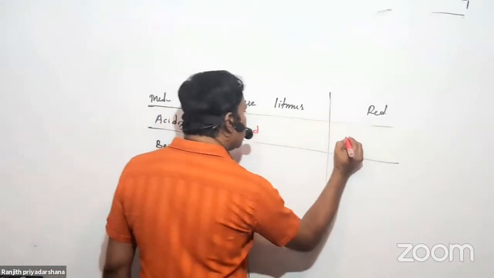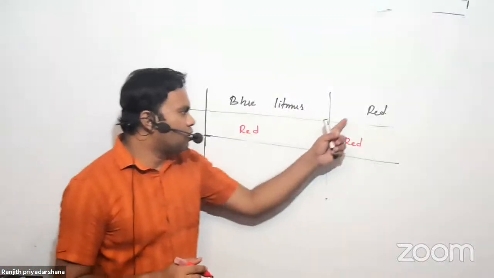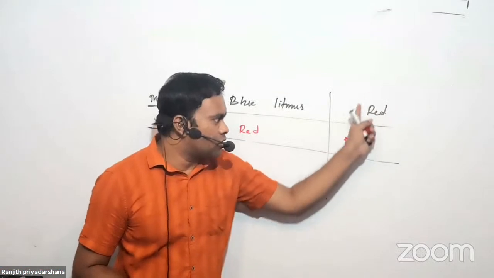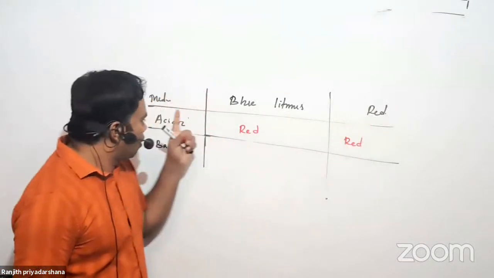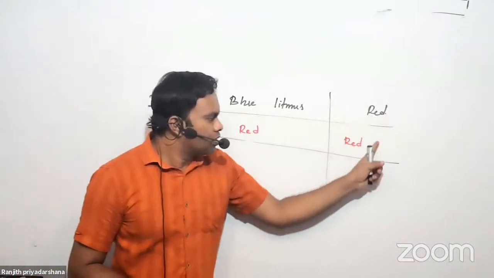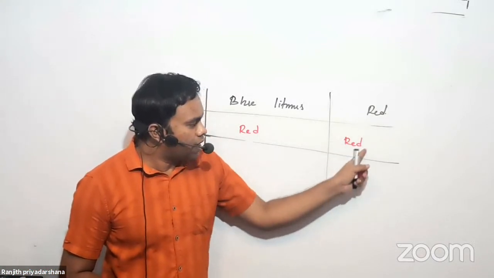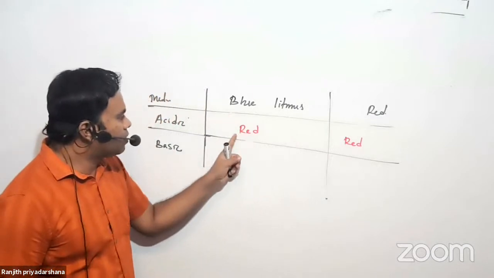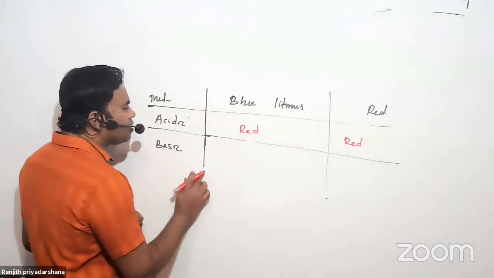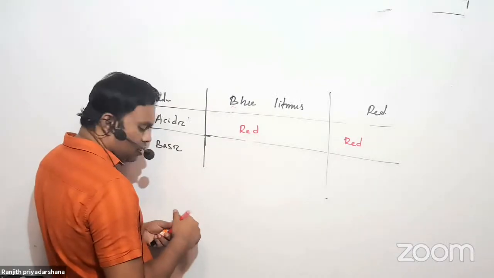Red is red in the case of acidic because it does not show the color change as it is originally red. Acidic means red, so it has to be noted as red. So blue litmus turns into red. In basic substances, no color change. Basic, no color change means basic.